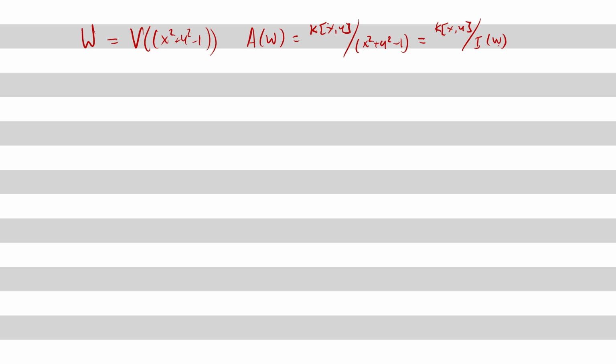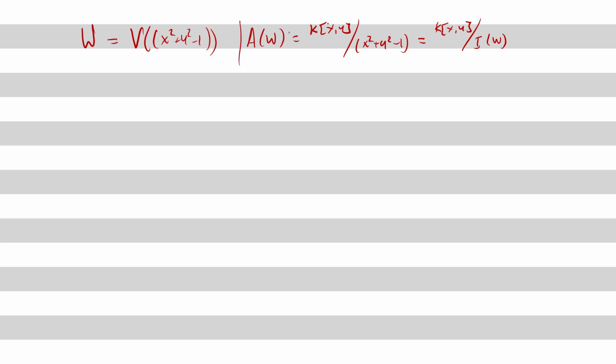So let W equal the vanishing set of x squared plus y squared minus 1, which is prime, so A of W equals k[x,y] over (x squared plus y squared minus 1), or equal to k[x,y] over I of W, which is the ideal generated by functions which vanish on W. I should have said that.